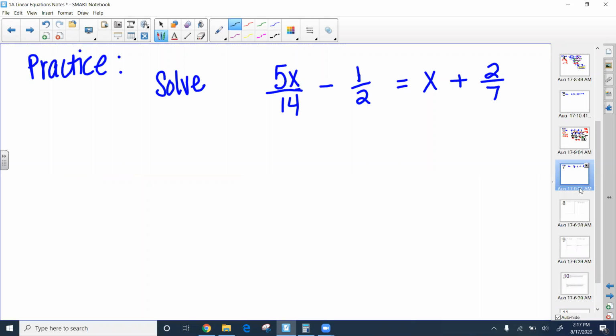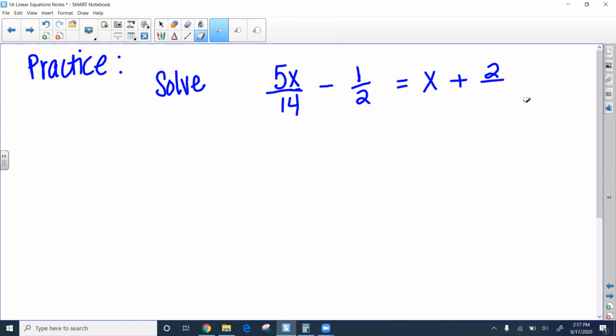I'm going to change this one slightly. So 5x over 14 minus 1/2 equals x plus, let's say, x plus 1 over 6.